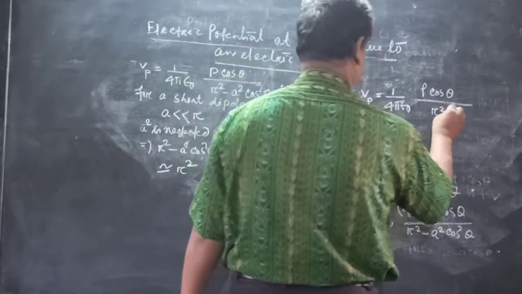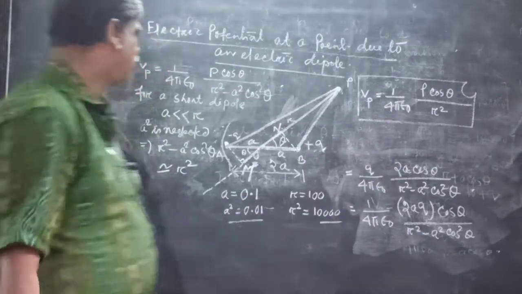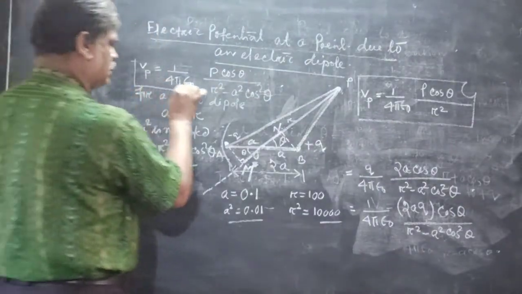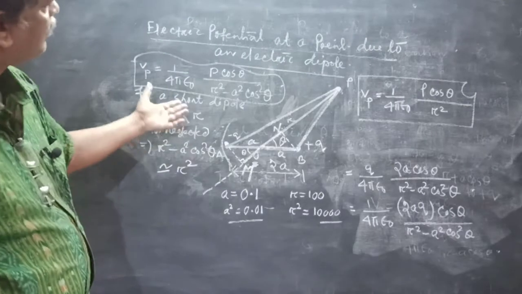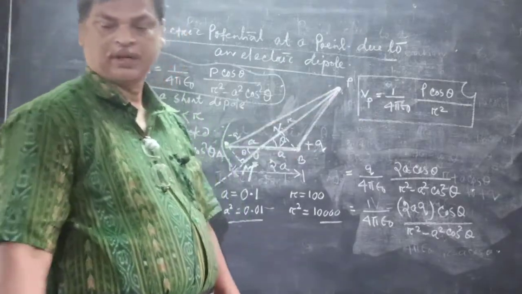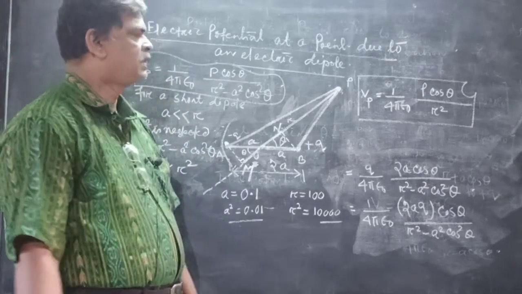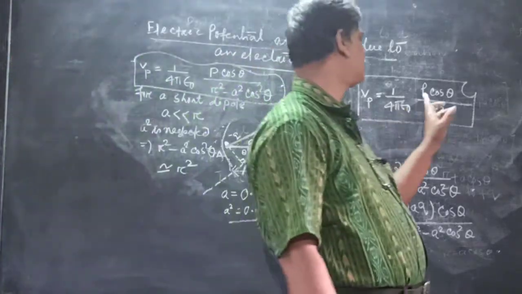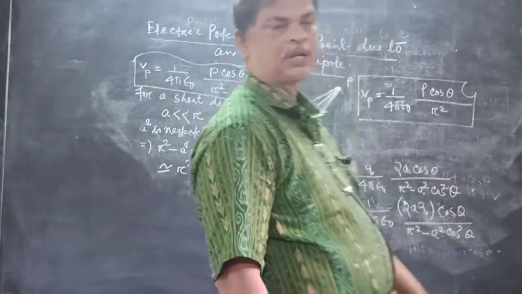So this is the potential at point P for a short dipole, and the earlier one is the general case, the potential at a point due to any dipole. Clear? So here the potential at point P for a short dipole is 1 by 4 pi epsilon 0 P cos theta by R square.